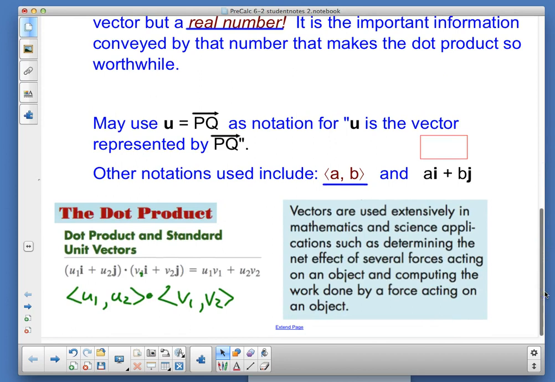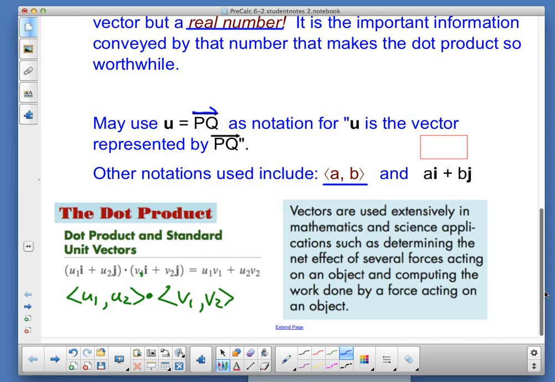Now, we may use the letters u, v, w, lowercase letters, to represent vectors. So I've got vector PQ as notation for u, the vector represented by PQ. And as a reminder, when you went through geometry, you used vector notation with a half arrow going on top. Depending on the text, that's adjustable by the authors.